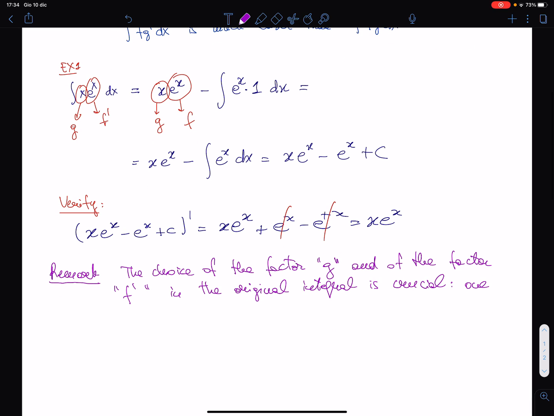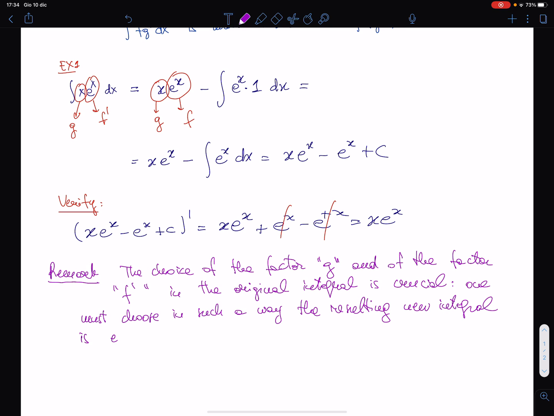One must choose in such a way that the resulting new integral turns out to be easier than the previous one.